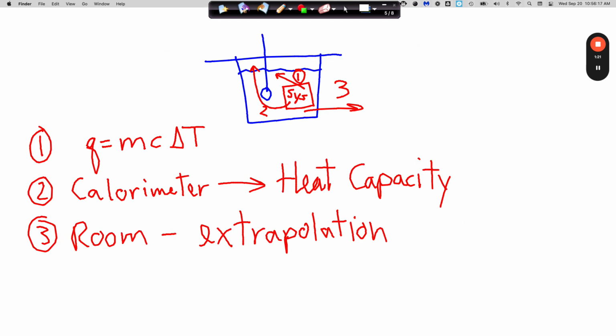So where does delta T go into here? First of all, that delta T will be the delta T for the water gained. So remember, be careful here. This is acid base, right? So where's the water? The acid and base are dissolved in it.